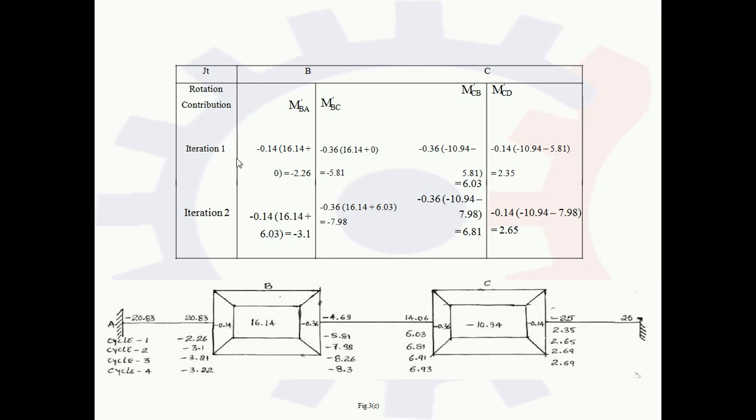So for the first iteration it is taken as the rotation factor multiplied by, in the bracket, the sum of the fixed moments at the particular joint plus the far end contribution value and near end contribution value, which we take as 0. So we get minus 2.26, which we wrote over here.